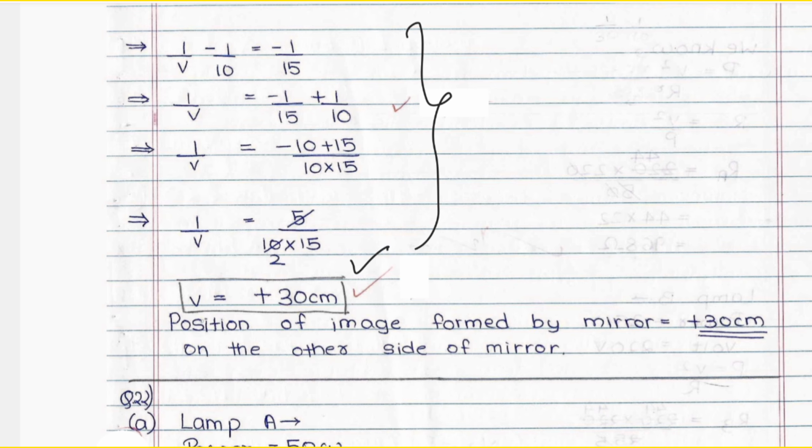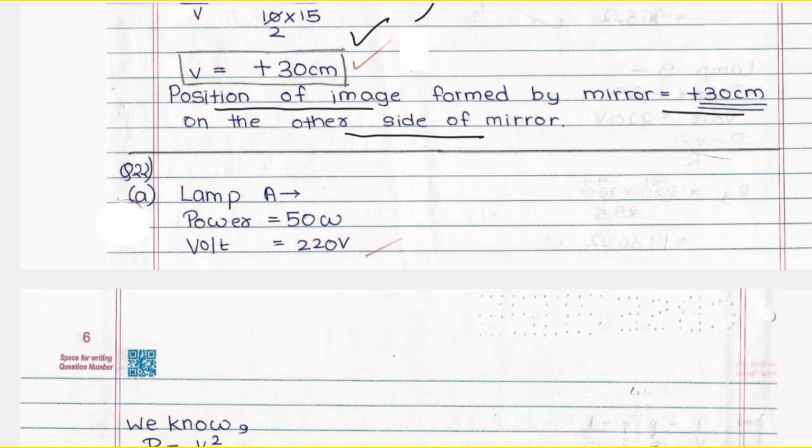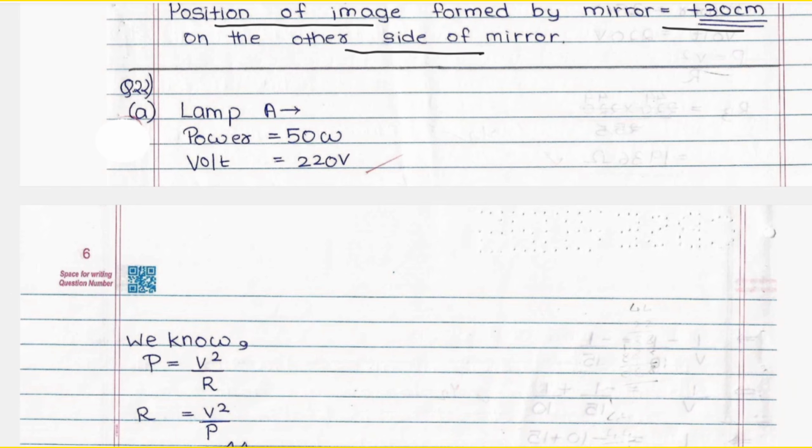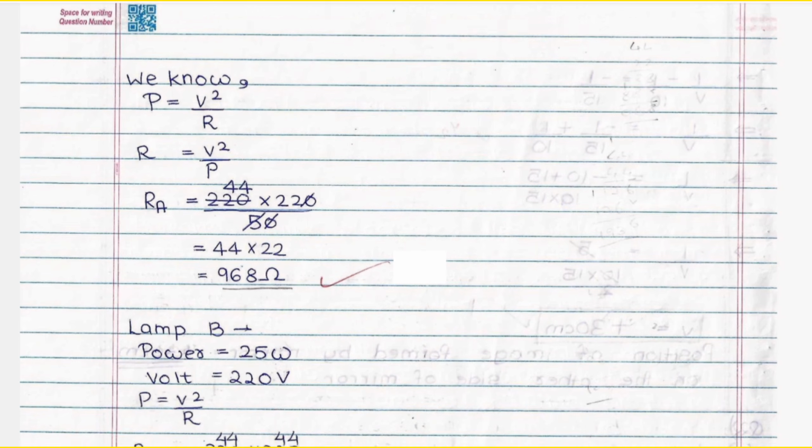They wrote that the position of the image formed by the mirror is plus 30 centimeter, meaning on the other side of the mirror. See how detailed they have written, so the evaluator won't get any chance to cut their marks.